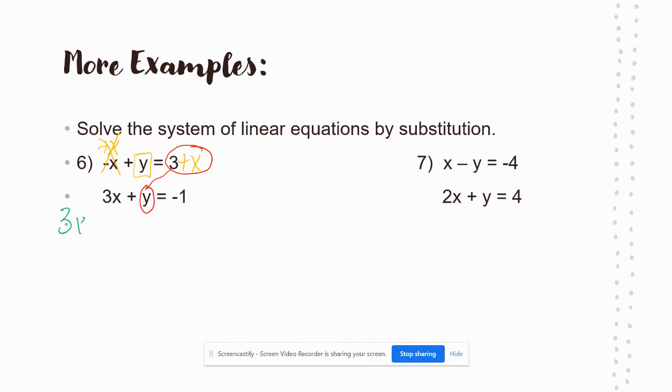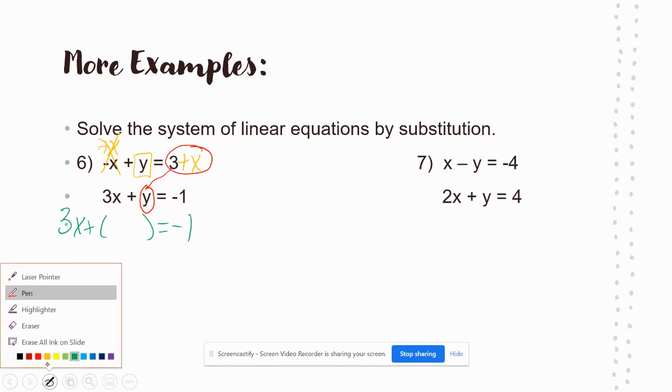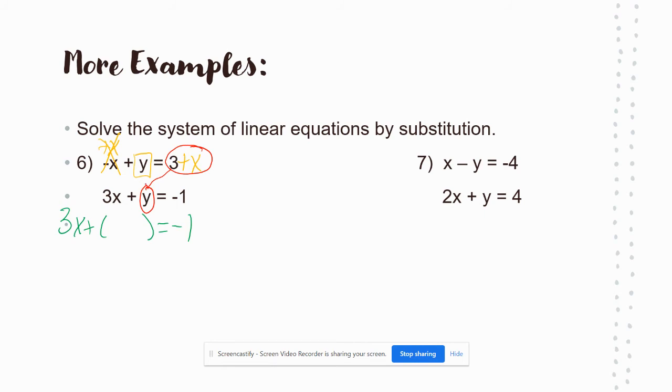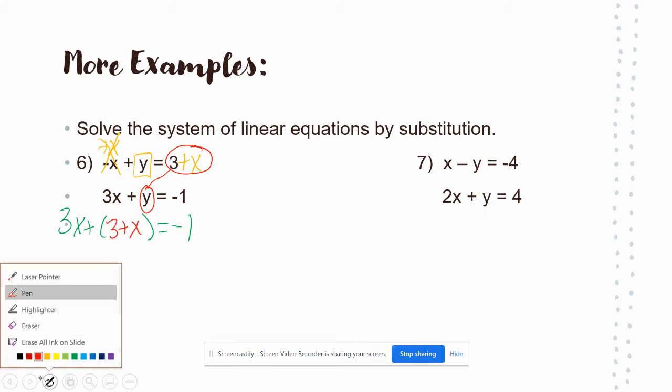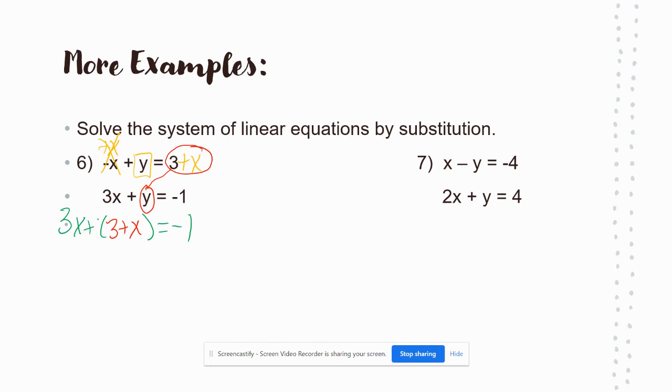Remember, we write the equation as is, with the exception of the variable that we're replacing, which is y. Bring down the 3x. There's nothing in front of this set of parentheses to change anything, so that's still a positive 3 plus x.